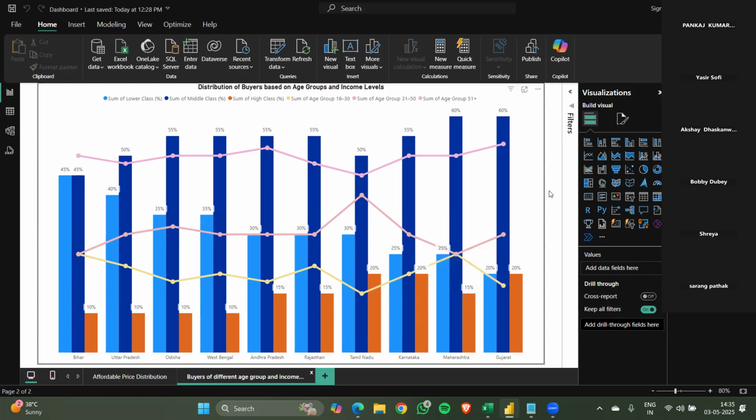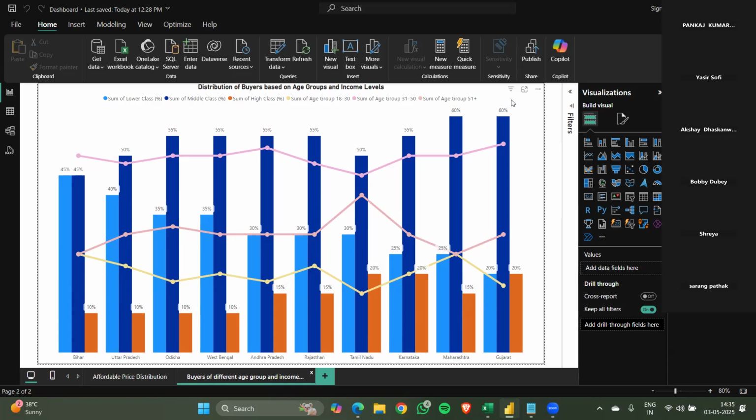So from this insight, we can target our audience: which income group we have to sell to, which kind of material, and which kind of material we have to sell in which location. So like this, you have to share the insight on which kind of material to sell in Bihar to the lower income group.